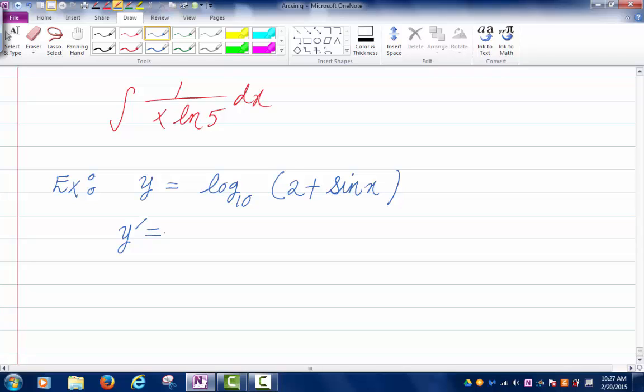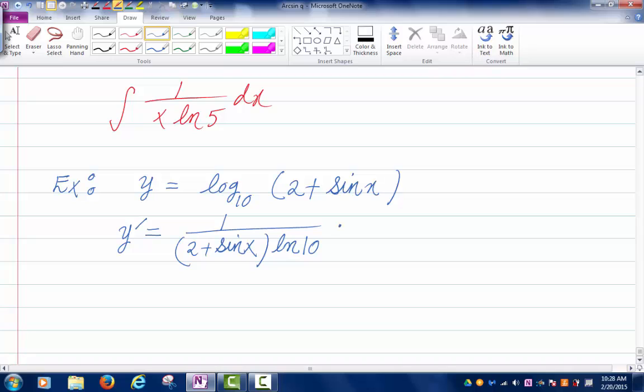Well, if I had log base 10 of x, I know how to find the derivative. So imagine 2 plus sine x. Let's say our eyes are so bad that 2 plus sine x looks like x, okay? So if it looks like x, then I know that the derivative would be what? 1 over x times ln of 10.